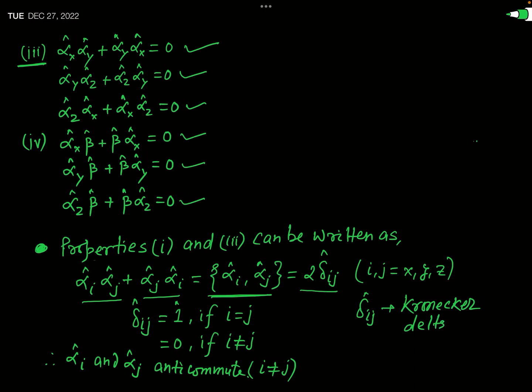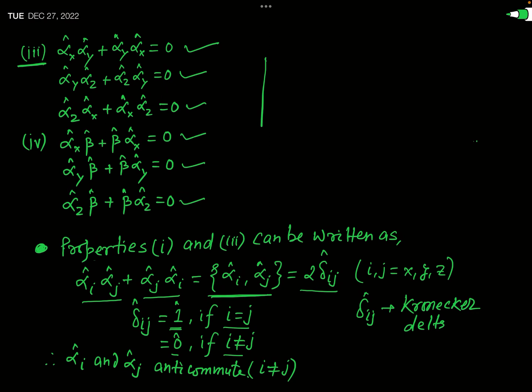And this has also been written in operator form. Here I and j mean x, y, z or 1, 2, 3. And you know that this Kronecker delta is equal to 1, or when we treat it as an operator, we say it is equal to the unitary operator 1 hat when I is equal to j, and it is equal to 0, or you can say 0 hat, if I is not equal to j.